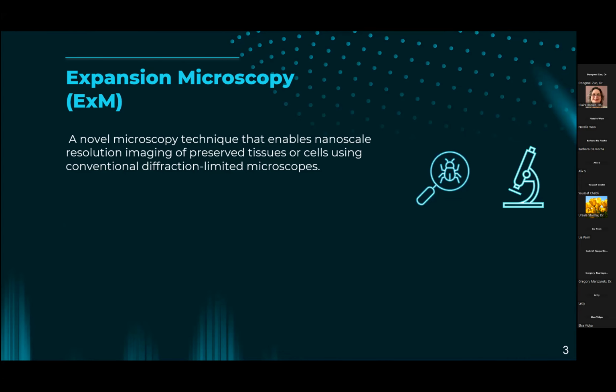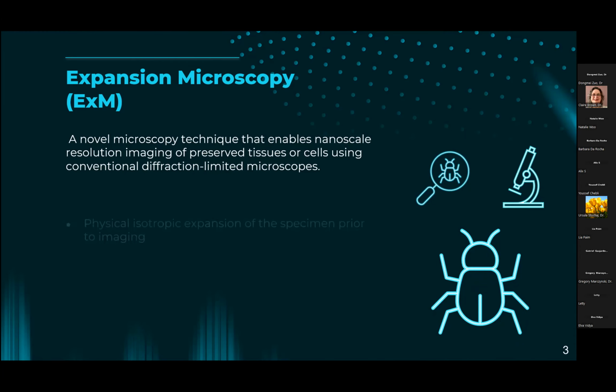What we're always trying to do with a microscope is look smaller and smaller. How can we get a really expensive microscope to look at a single DNA or RNA? But why not just make our sample bigger and make everything that we're interested in bigger so that we can look at it with more conventional microscopes?